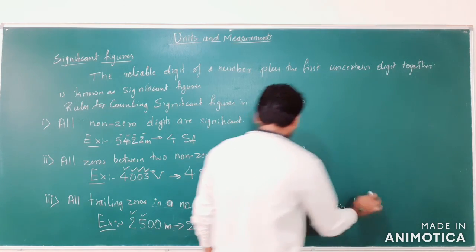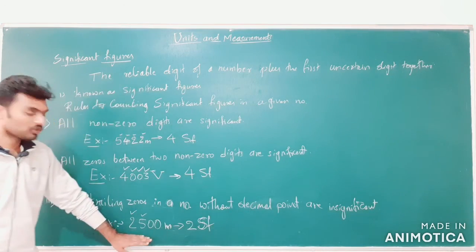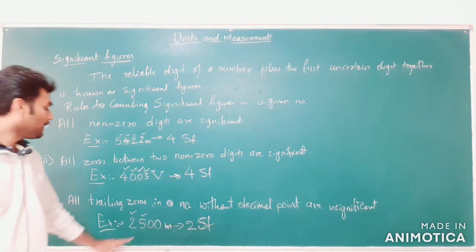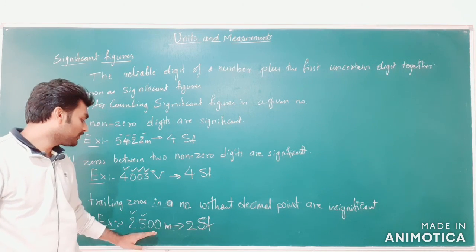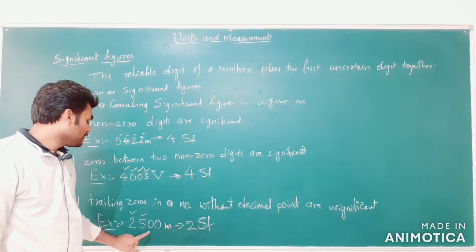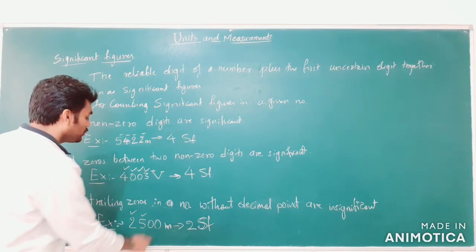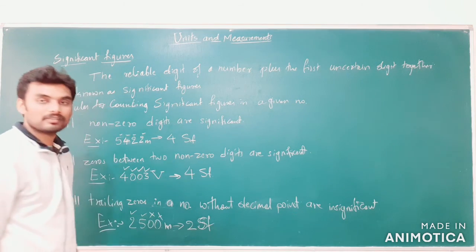So the number that I have considered here should not have any decimal point. Then this number's trailing zeros, this 0 and this 0, both are not significant.